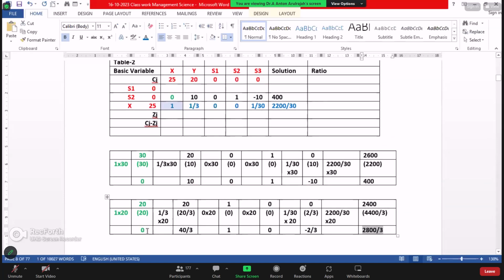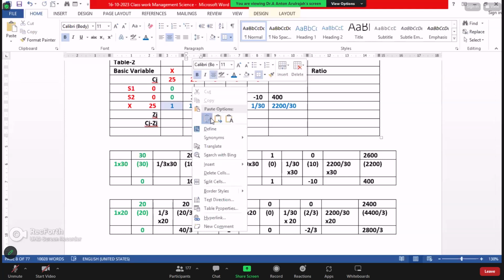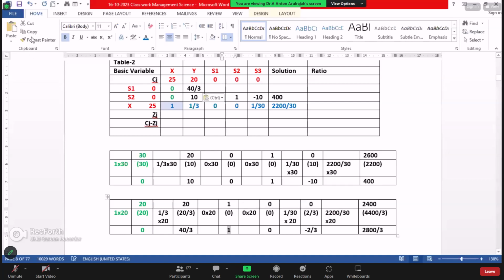So now these are the values I have to place here: 0, 1, 1, 0, and 2 by 3 minus 2. So this one.